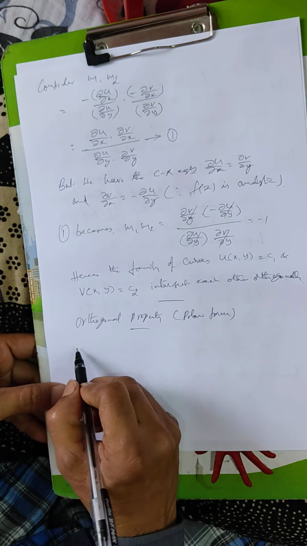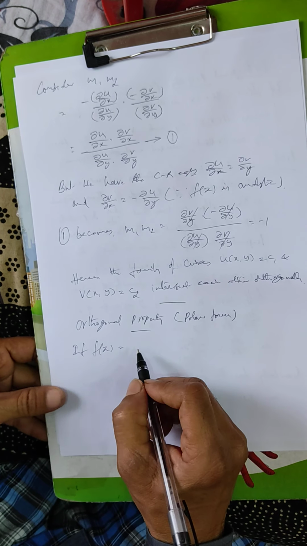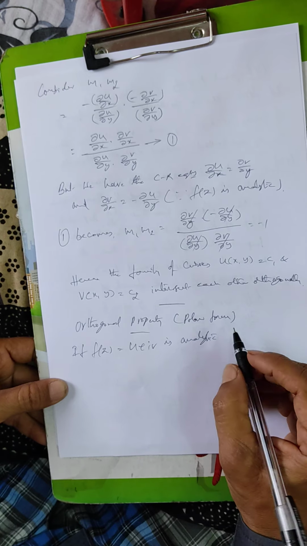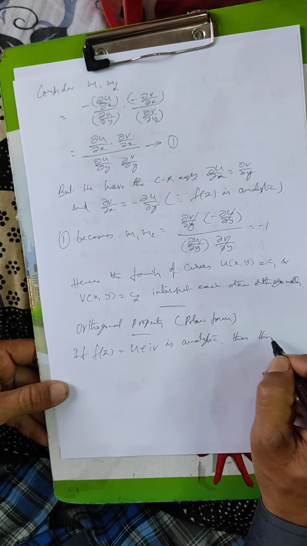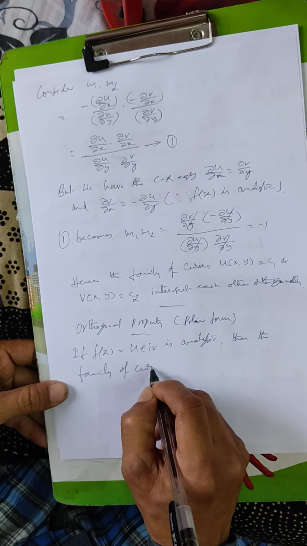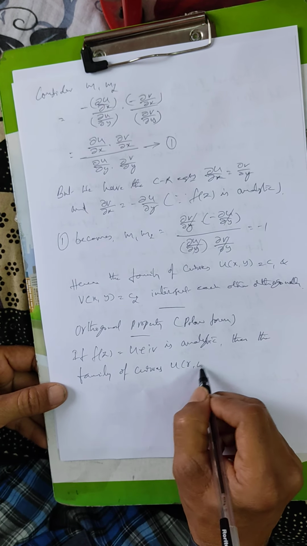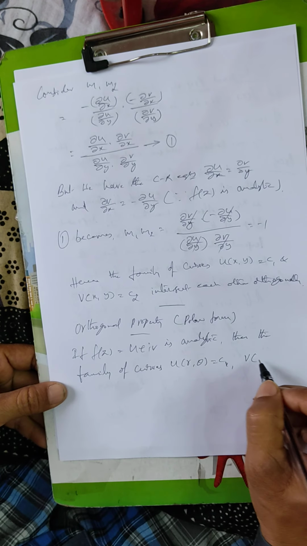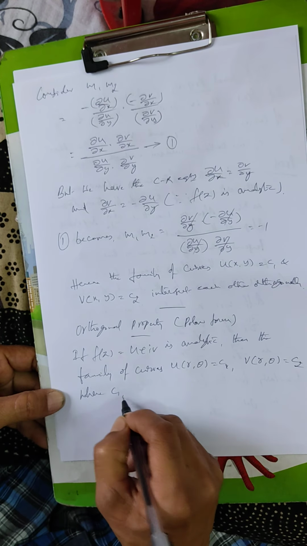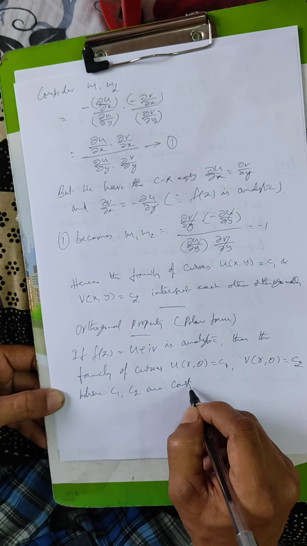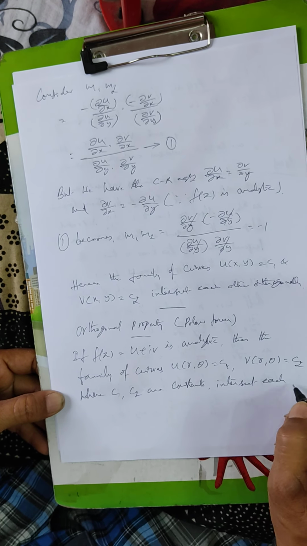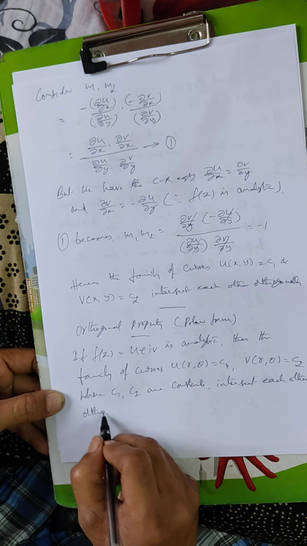Okay, so I'll write the statement. If f(z) = u plus iv is analytic, then the family of curves u(r,θ) = c1 and v(r,θ) = c2, where c1, c2 are constants, intersect each other orthogonally.